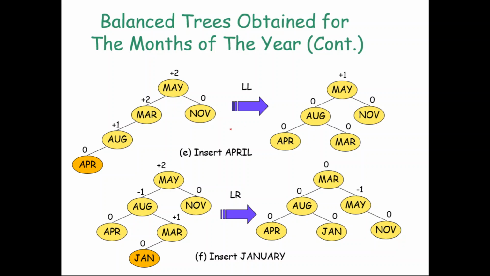No issues. Next, we are adding Jan. So when you are adding Jan, what happens? You see, unbalance is created in May, but this is a different case. Where is Jan coming? Jan is coming in the left subtree of May, the new node which created the unbalance in the node May.